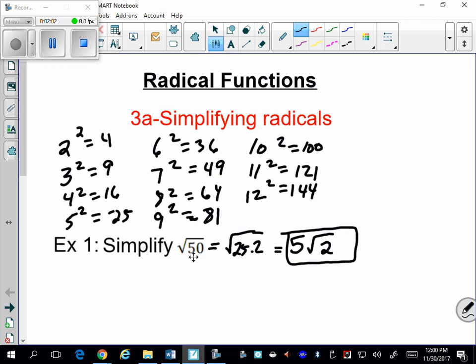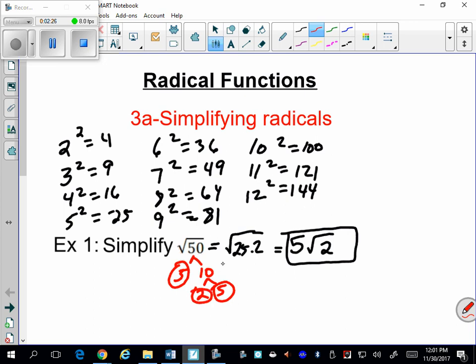Another way we could do this is to break it down with factoring trees. Put 2 numbers that multiply to 50. You can do any 2 numbers. I always circle my prime numbers, so 5. 10 breaks down into 2 and 5, and both 2 and 5 are prime numbers.